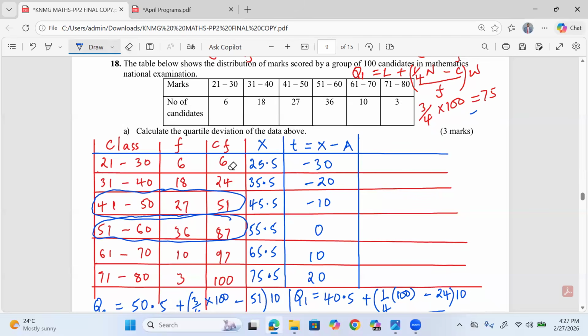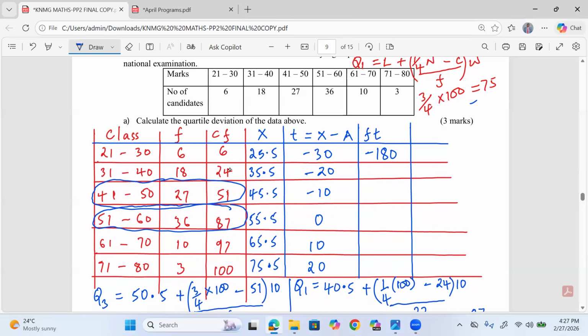So we are supposed to get now the total deviations. For us to get the total deviations, we need each frequency times the respective deviation. So let's work out that. We start with 6 times negative 30. This is negative 180.